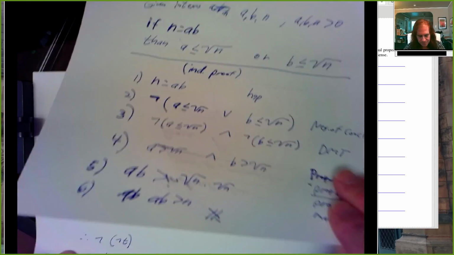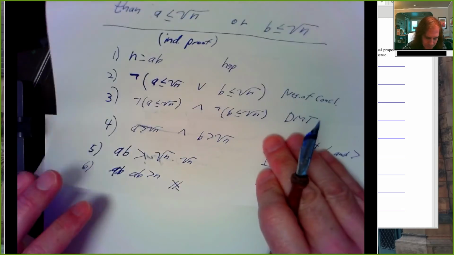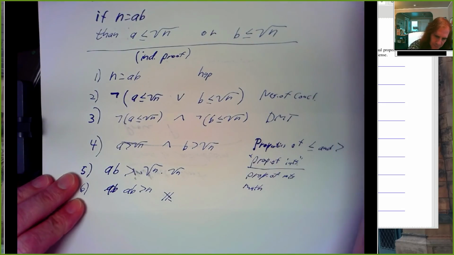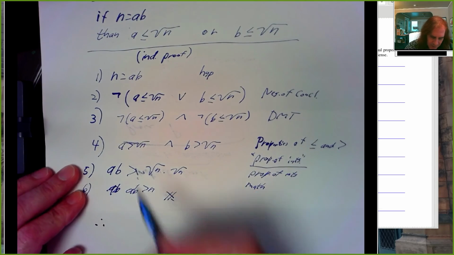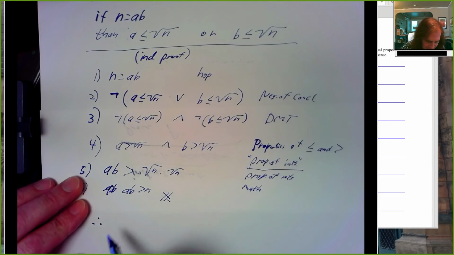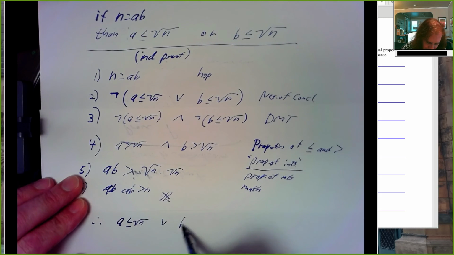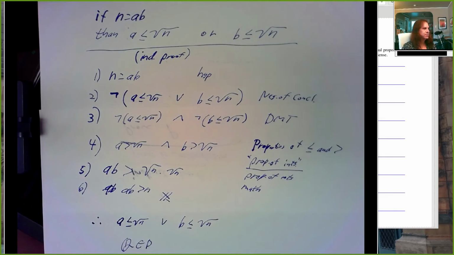Therefore, the negation of the conclusion must have been false. So therefore, a is less than or equal to square root of n, or b is less than or equal to square root of n. And that's what we were trying to show.